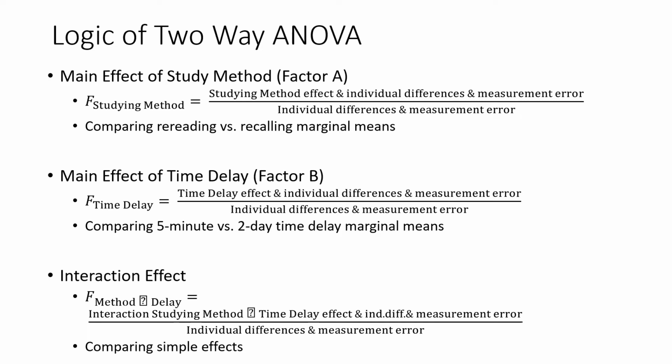But if you're going to take the test after 2 days, a different study method would be better. So the interaction explores the idea that certain conditions influence what is better in one situation versus another. It's called an interaction. This interacts with that to affect the dependent variable.